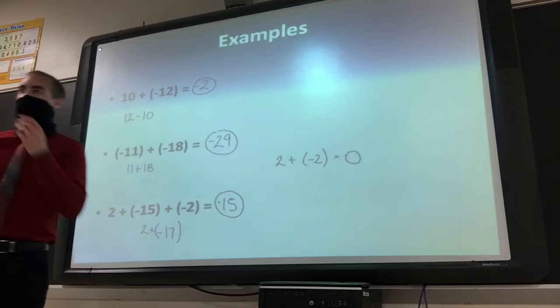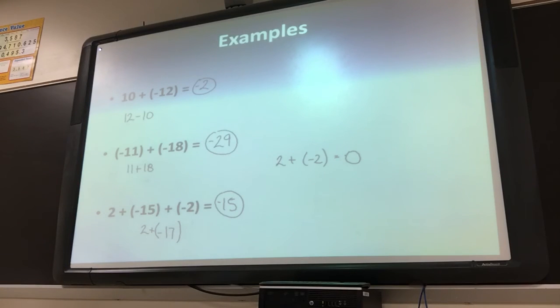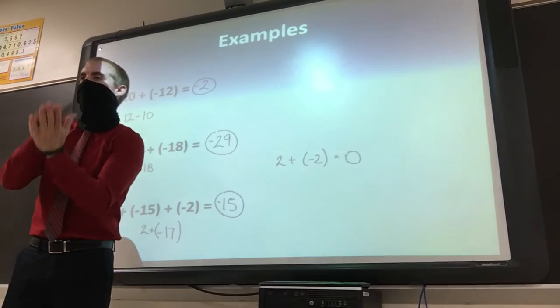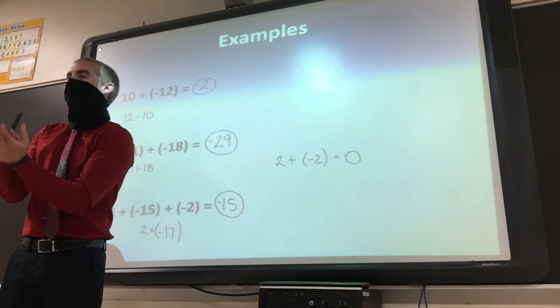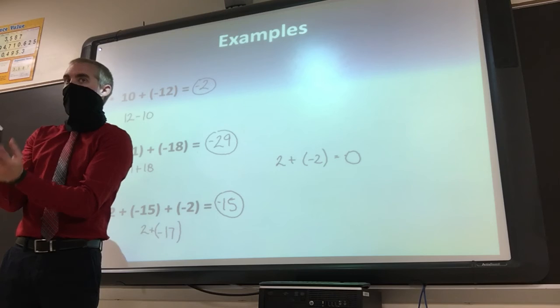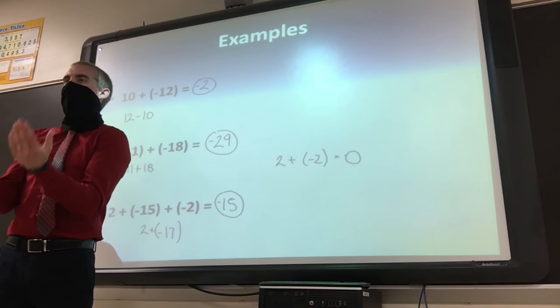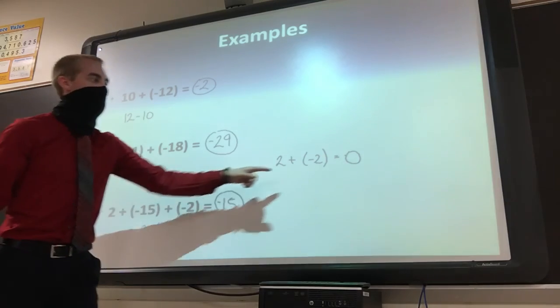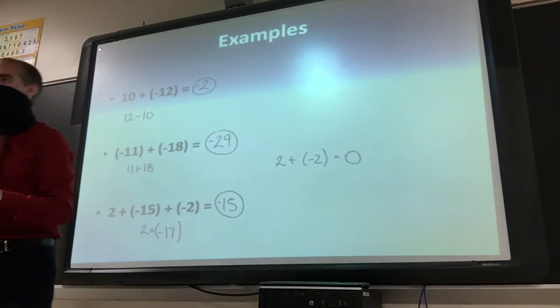Doesn't matter if 0 is positive or negative because it's neither. But 2 and negative 2, go back to the very start. They are called additive inverses. They're opposites. Every time you add those 2 numbers together, you will always get 0.